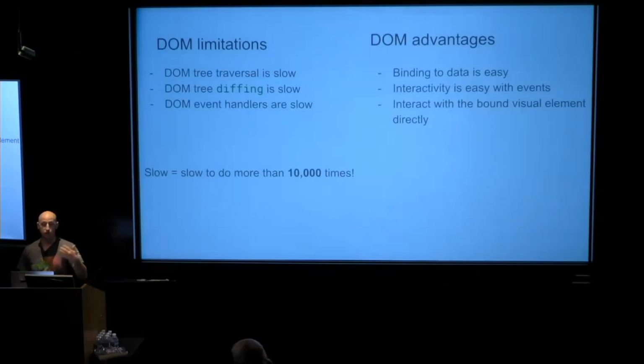The tree traversal is pretty slow. Tree diffing is slow. If I make a change to the tree, the browser has to work out what has changed from the previous tree to this tree, and only make changes from there on. And event handlers are slow. When I say slow, I don't mean for most use cases. I mean when you're trying to do it 10,000 times in a second or in a particular draw call.